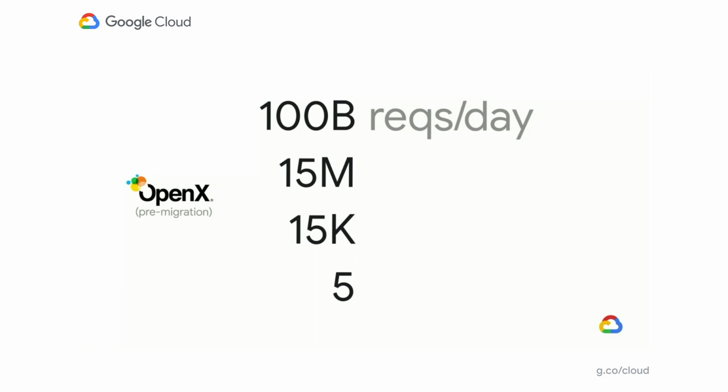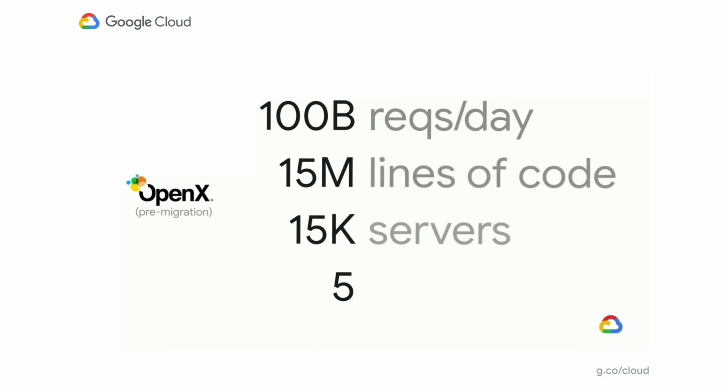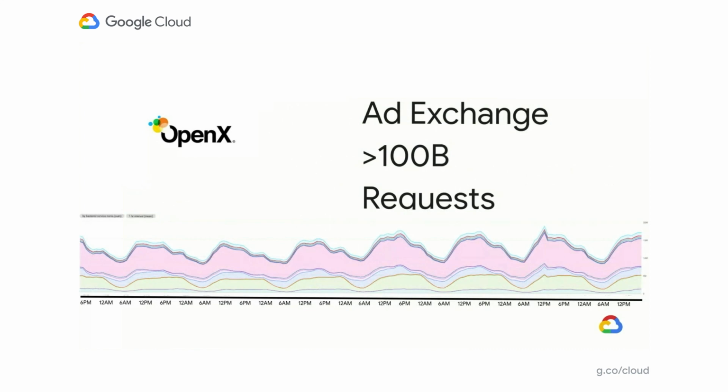Thanks, Jerzy. So these numbers represent OpenX in a nutshell prior to our migration. We were 100 billion requests per day, running 15 million lines of code, deployed on 15,000 servers around the globe in 5 different regions. Now, OpenX is an ad exchange, and so those billions of ad requests are coming from a multitude of clients with an SLA of between 150 to 400 milliseconds, depending on the client.